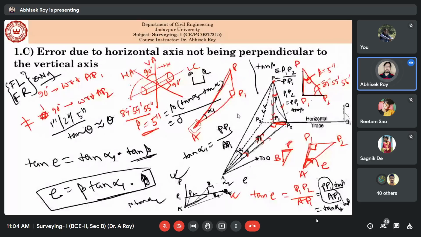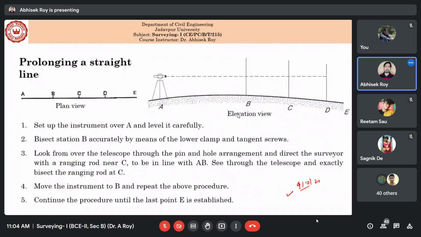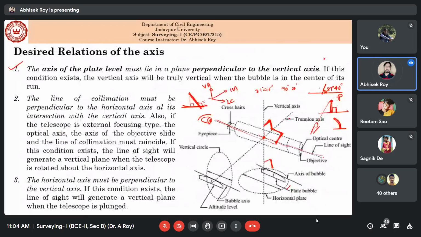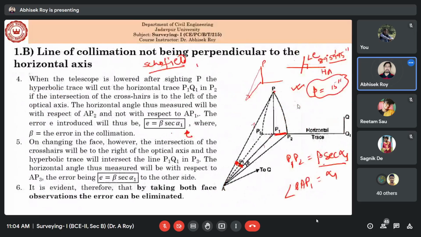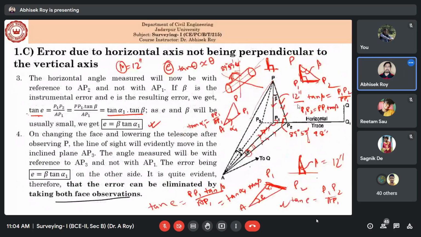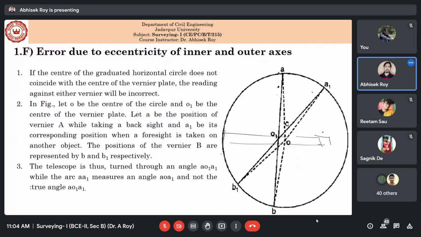When we have shown from the top level, we have seen that if this is the telescope, the vernier will be on this side and on this side, vernier A and B, right? So similarly, in this case, say this is the telescope, and with the help of the telescope you want to measure one angle, say PAQ.